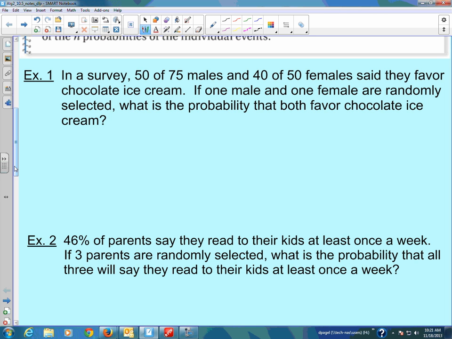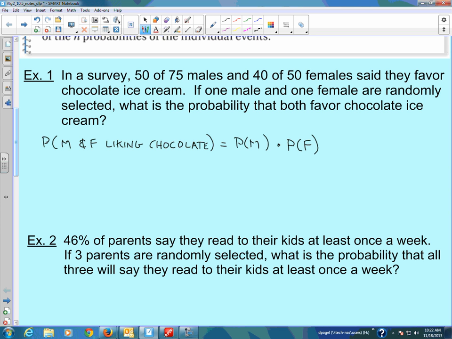So again, going with generic setup here, we're going to just say the probability of a male and a female liking chocolate would equal the probability that a male likes chocolate times the probability that a female likes chocolate.